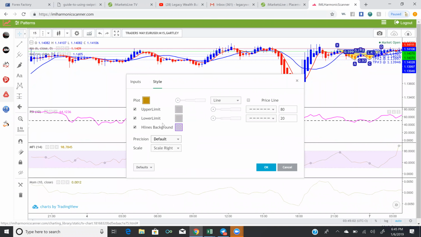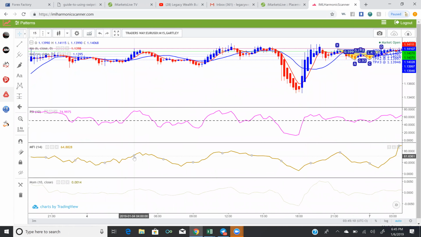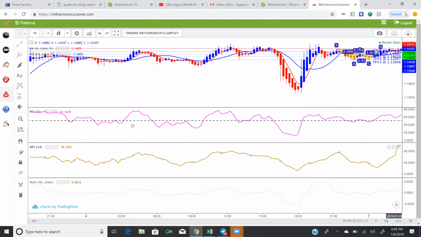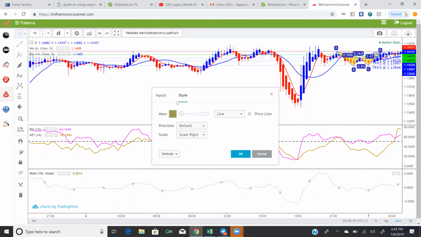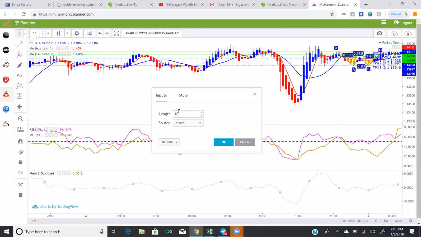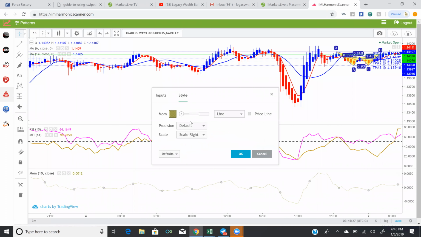It's like a darker yellow. Uncheck everything. Make this deeper. Boom. Now, click, drag, drop. See you later, dear. Now the momentum, I want to make sure that's 10. Okay. And the momentum, I want to make it blue.